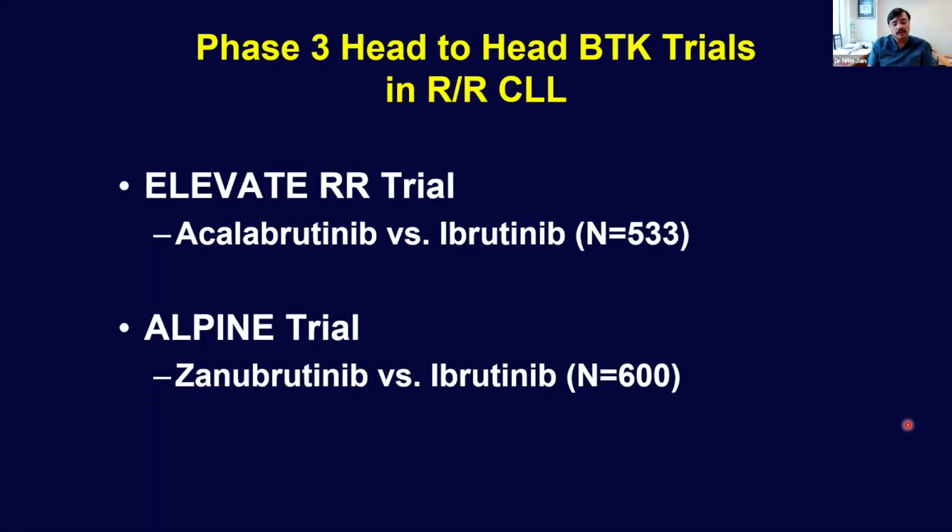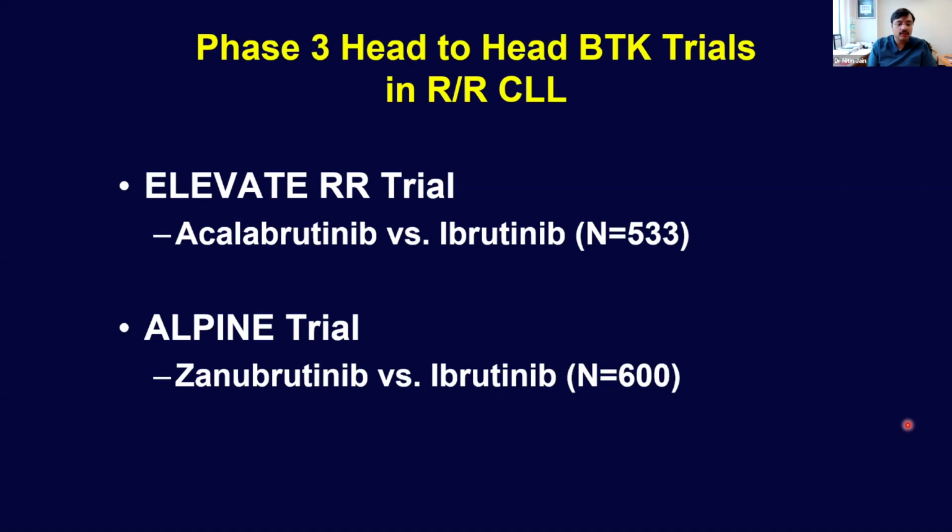So now you have these 3 BTK inhibitors. We didn't talk much about zanubrutinib, but zanubrutinib is another BTK inhibitor. And there are 2 randomized trials happening head-to-head in relapsed CLL, which are the ELEVATE-RR trial, acalabrutinib versus ibrutinib, and the ALPINE trial, which is zanubrutinib versus ibrutinib.